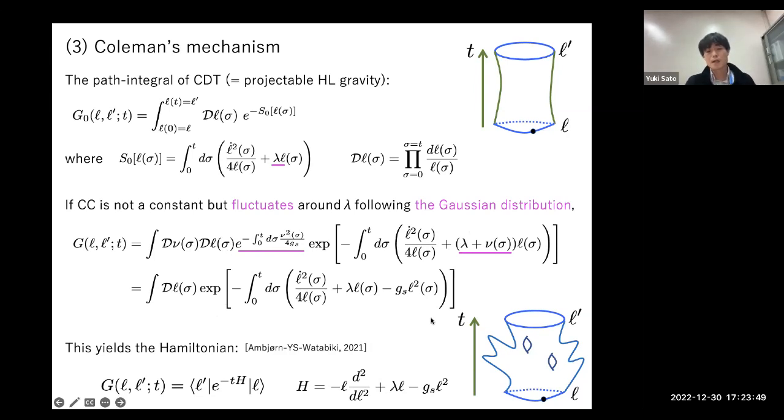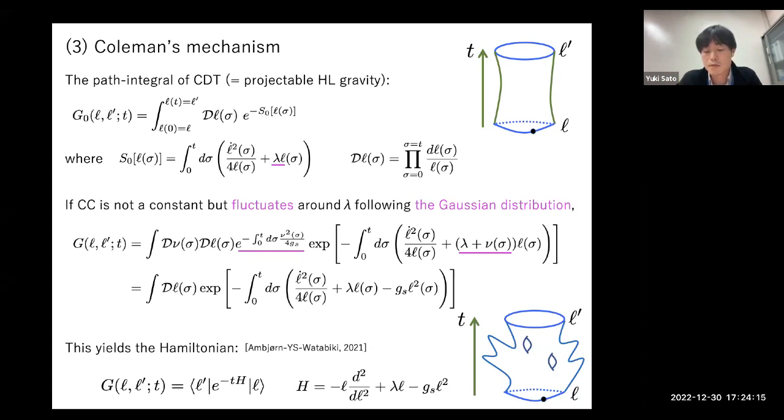And as we have done before, to read off the quantum Hamiltonian from this path integral, you have to discretize the time step. And if you do that, you can read off the quantum Hamiltonian. So this is exactly the same as the one obtained in the previous slide.